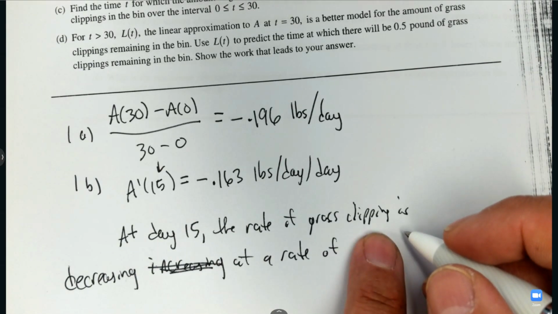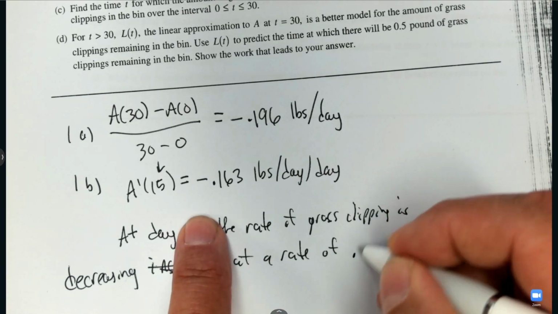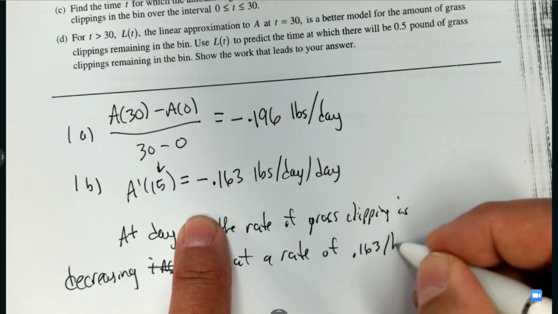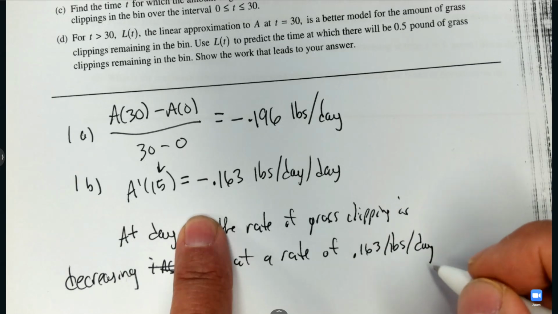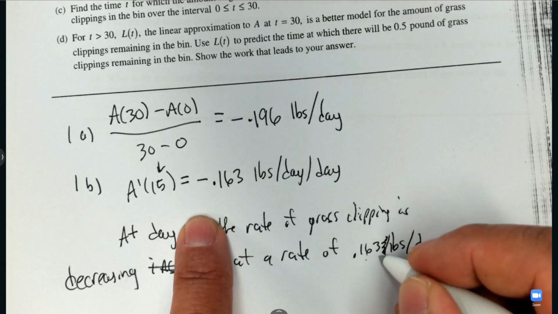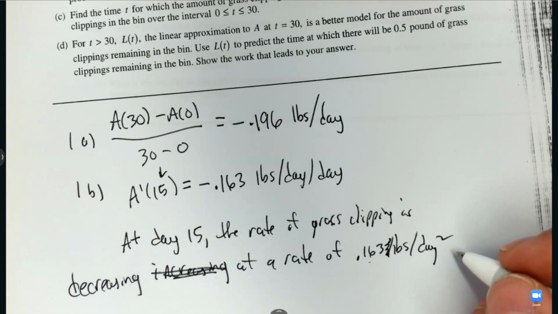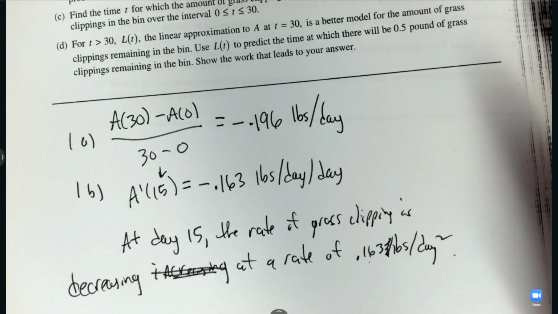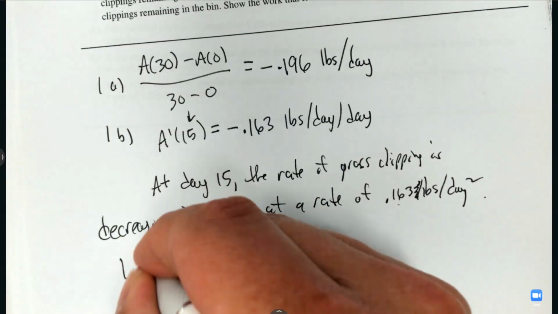So the rate of grass clippings is decreasing at a rate of 0.163 pounds per day, or day squared. Done.